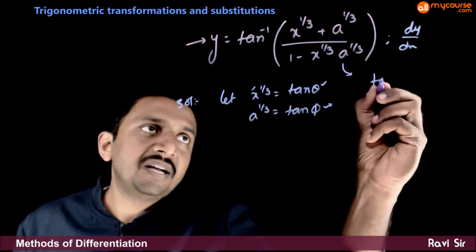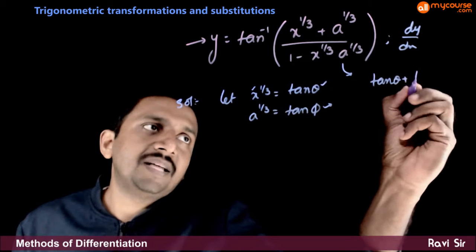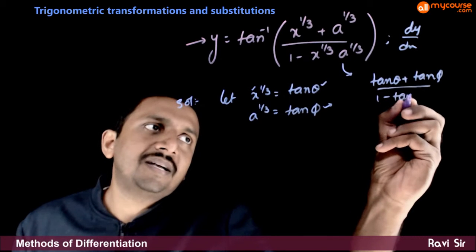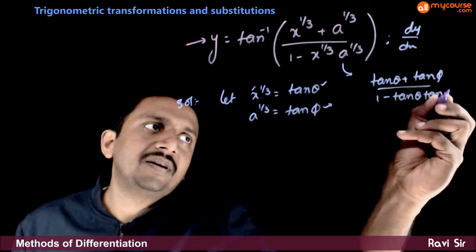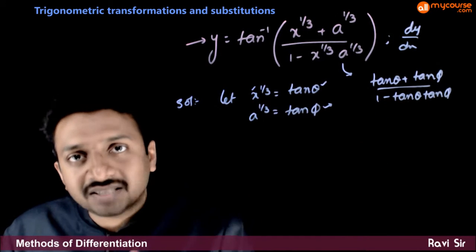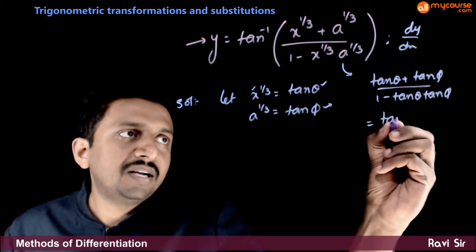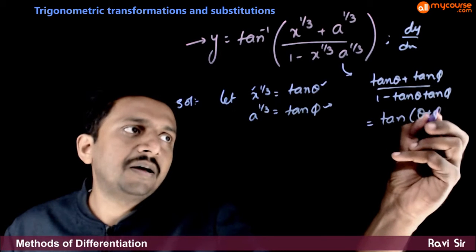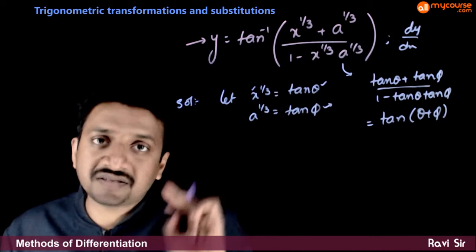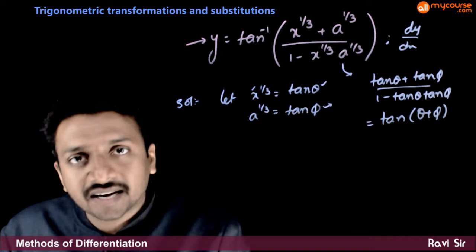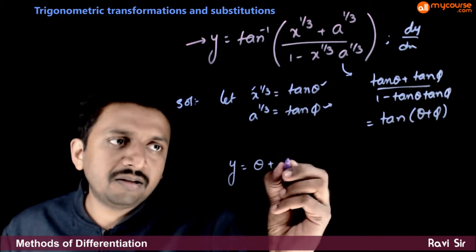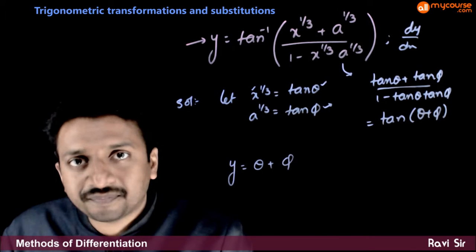This becomes (tan theta + tan phi) / (1 - tan theta tan phi). So (tan A + tan B) / (1 - tan A tan B) is nothing but tan of (theta + phi). So if you apply tan inverse of this, tan inverse and tan get cancelled. So y is equal to theta + phi.